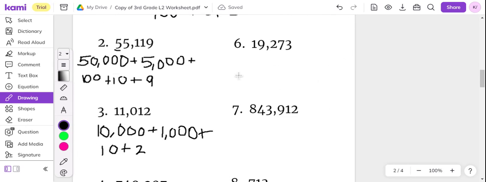Moving on to number 6. We have a 1 in the 10,000s place, so that would be 10,000. Plus 9,000.